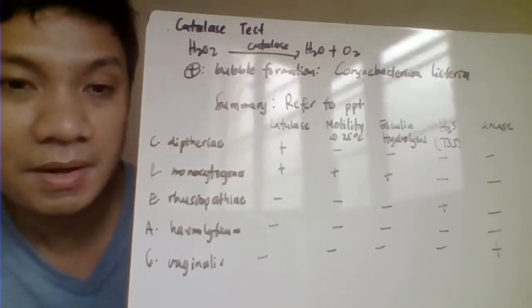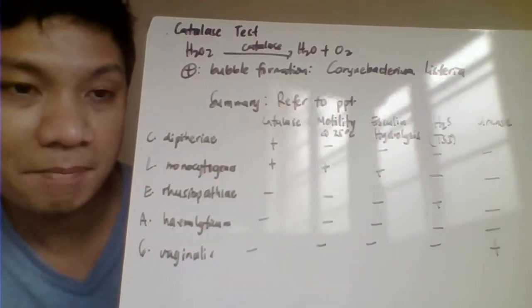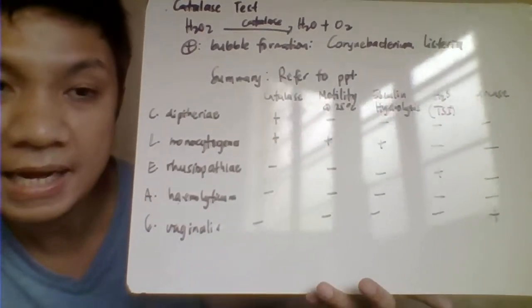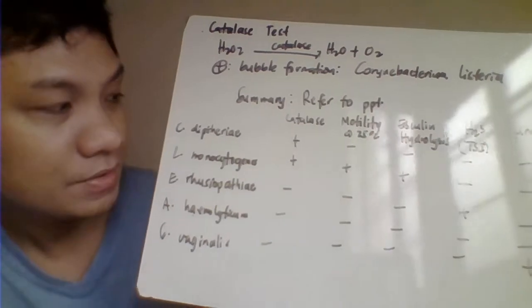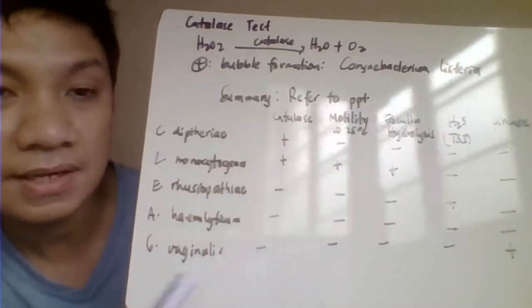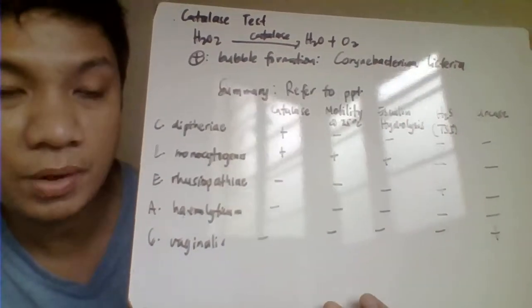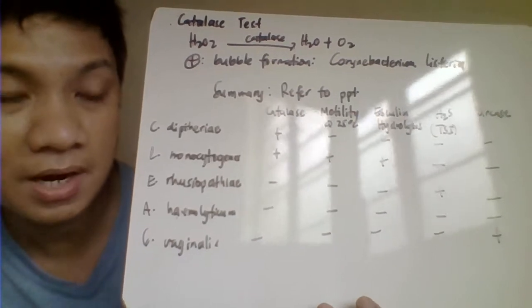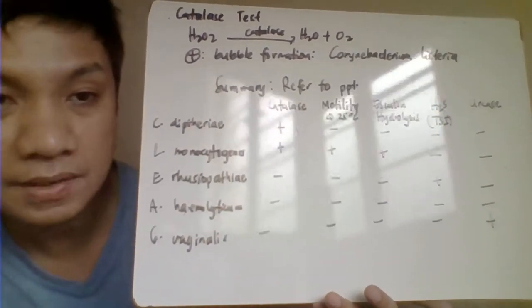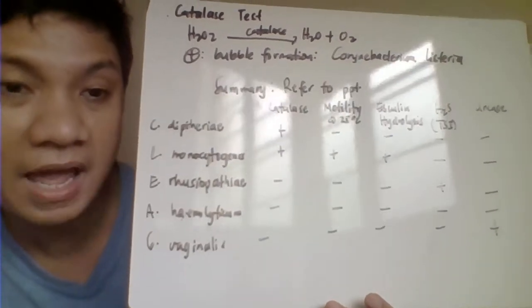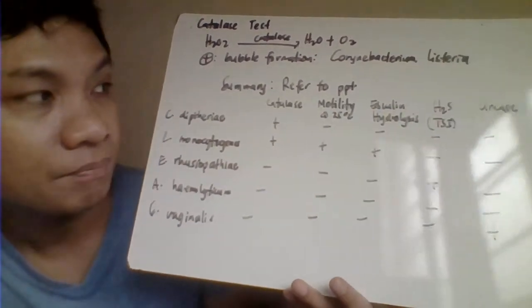Okay, we have here the summary of the entire characteristics of your gram-positive, non-spore-forming, non-branching bacilli. So, we have your catalase test. Again, it will only give a positive result with your Corynebacterium and your Listeria. Motility at 25 would only be with your Listeria because this one is capable of end-over-end tumbling motility.